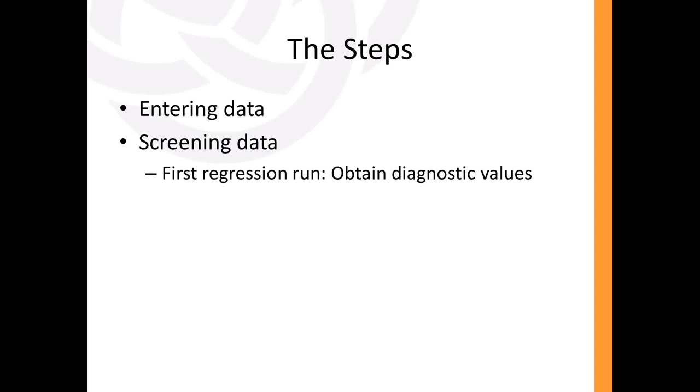So anyway, when you're screening data with a multiple regression, you would first conduct a preliminary regression run to obtain a number of diagnostic variables that would help you then understand how well your model actually predicts the outcome, in this case, visiting a mental health professional.